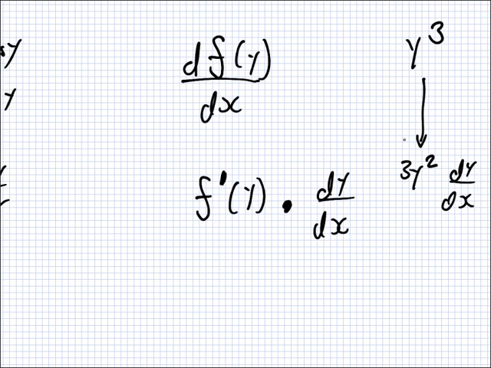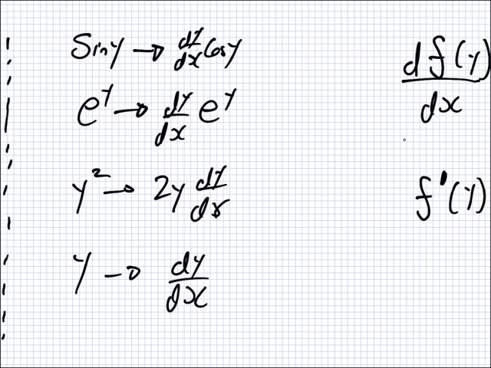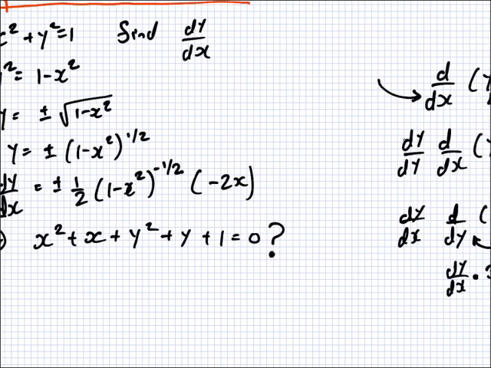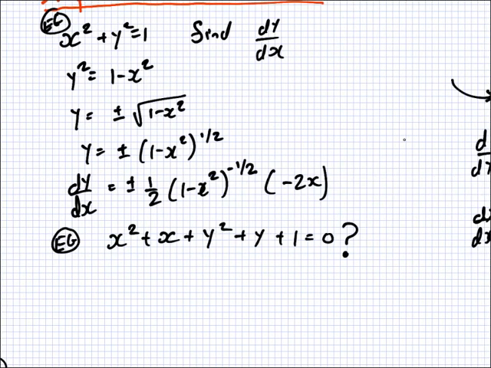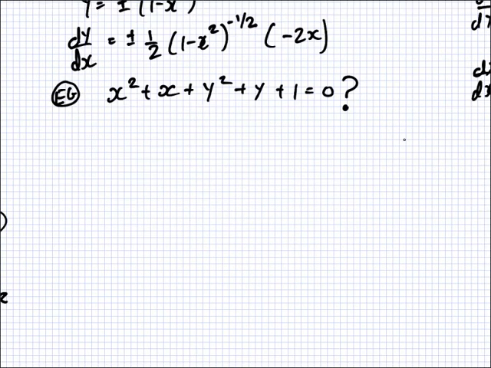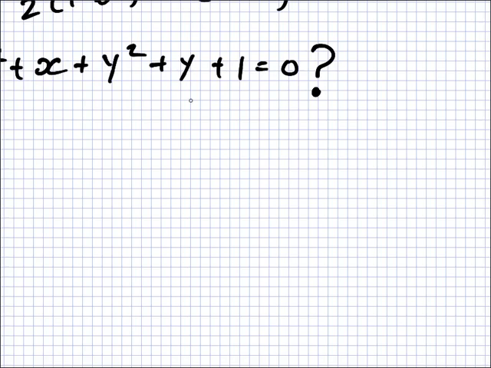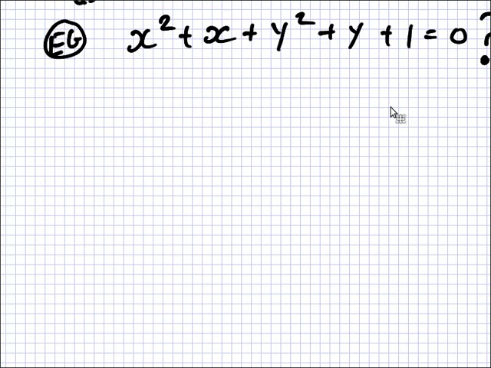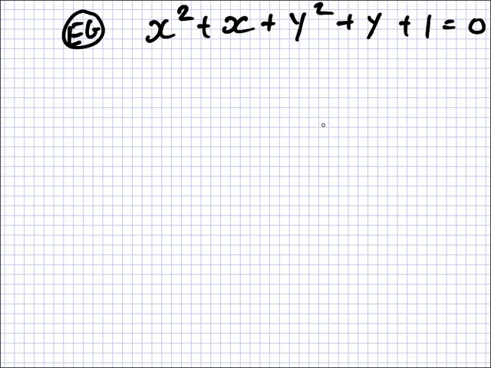Nothing crazy. So let's go back to our example we had here. Let's see with this example, okay? Might answer your question. So here, I want dy/dx. So what I do is I differentiate every term, starting from the left, going to the right.